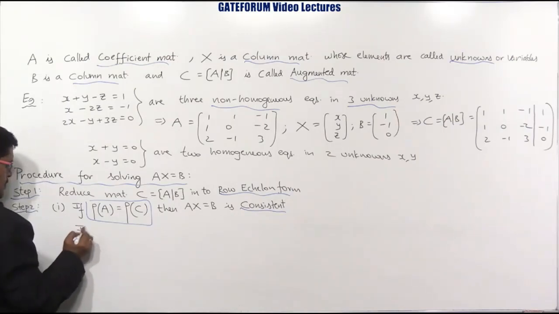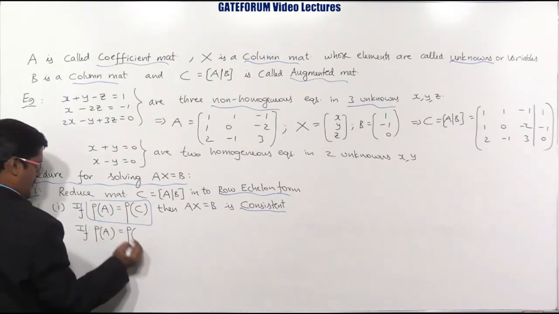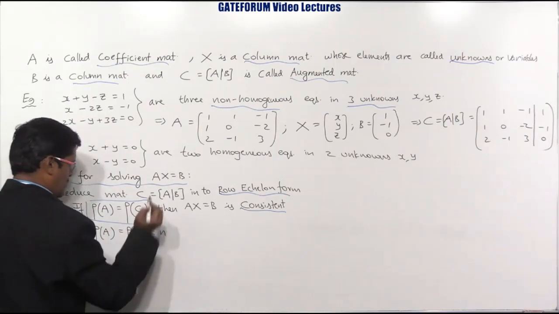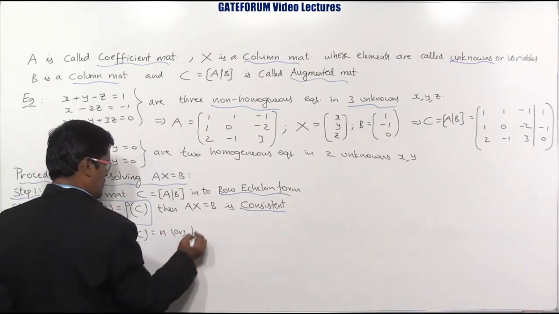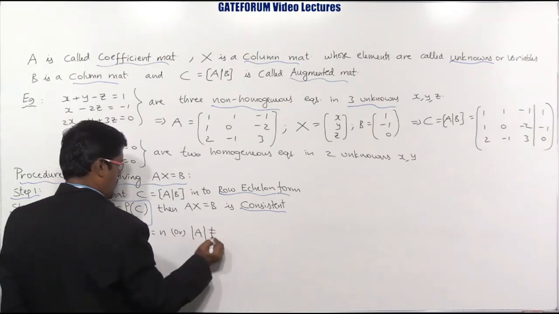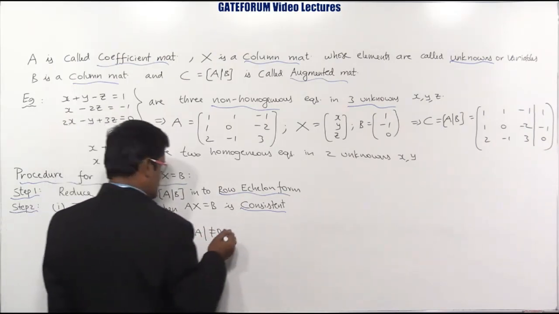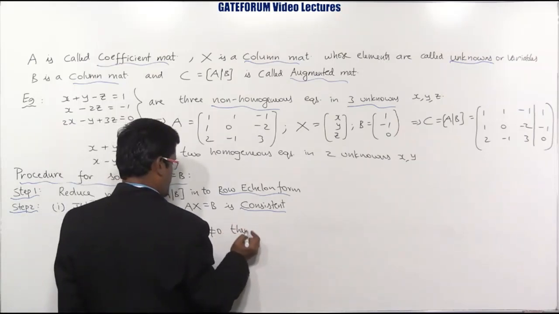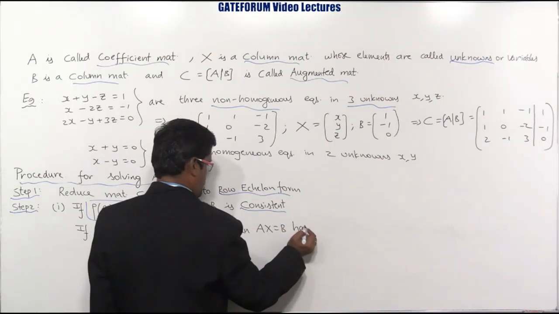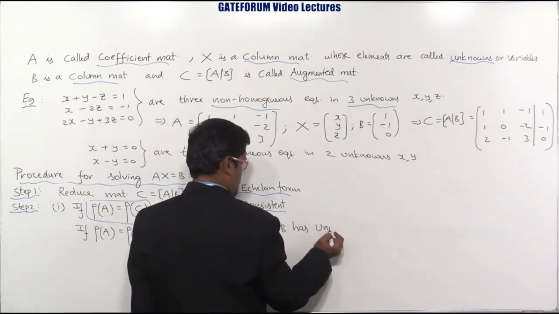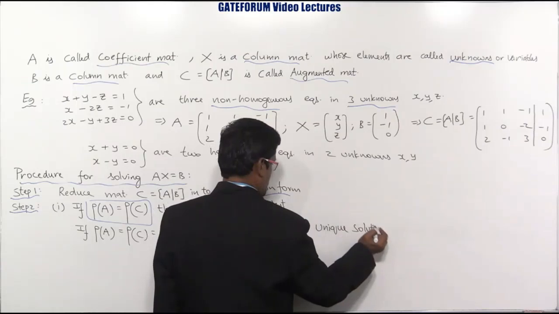In this, if rank A is equal to rank C is equal to n, n means number of unknowns, or using the 11th class method, determinant A not equal to 0, which is easy in some problems, not easy in some other problems, then Ax is equal to B has a unique solution.